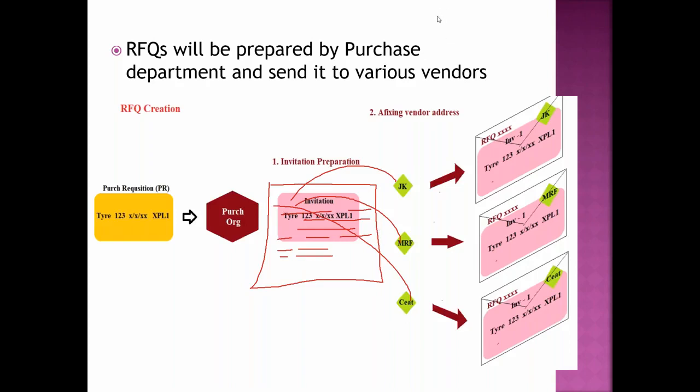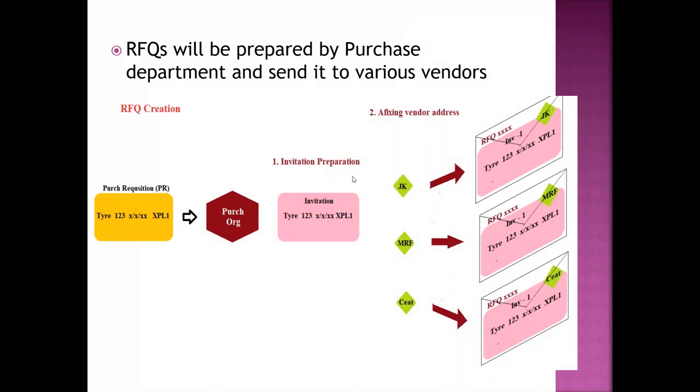One more example. For example, today or tomorrow there is no class for all of you. Then on my mobile, I am going to write: dear students, due to personal work, there is no class tomorrow, don't come to the class. Like that, I prepare one message. Just by preparing one SMS message, will it come to you?